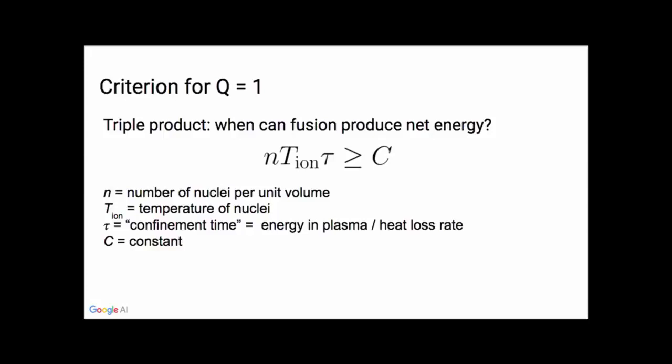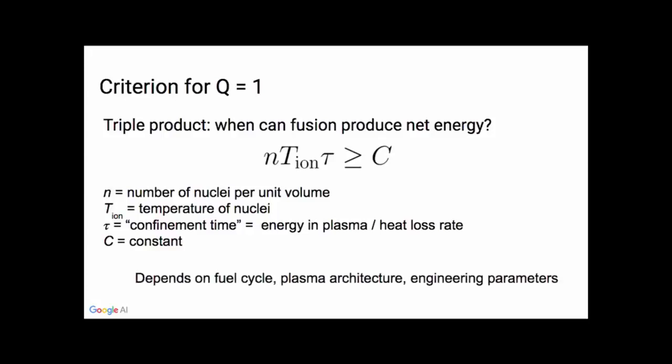The confinement time is in units of time. It's the amount of energy that's in the plasma divided by how quickly you lose your heat. And depending on what fuel cycle you have, there's some constant you have to be bigger than. And so if the product of those 3 numbers is bigger than some constant, you should be able to get Q equals 1.